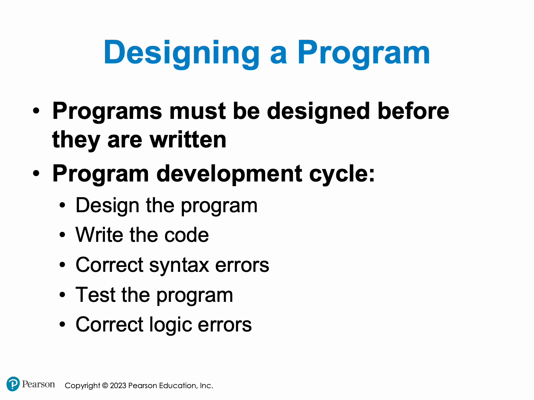First, designing your program, then you write your code, then you correct any syntax errors that appear in your code. Your compiler will actually tell you if you have any syntax errors, so those are pretty easy to fix. Then you test your program and see if it runs correctly, and if it doesn't, you correct any logic errors that exist inside of your code.